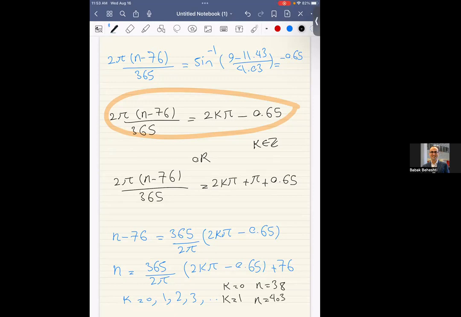This answer is true, but if you want to think in terms of years, days in a year, you go to the second year.